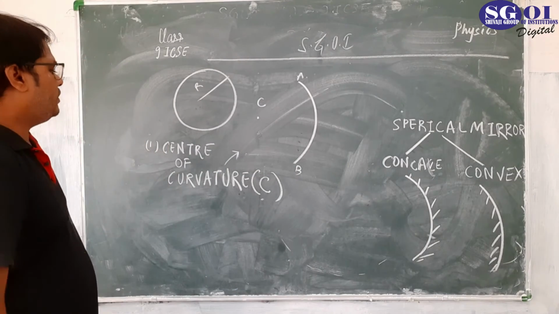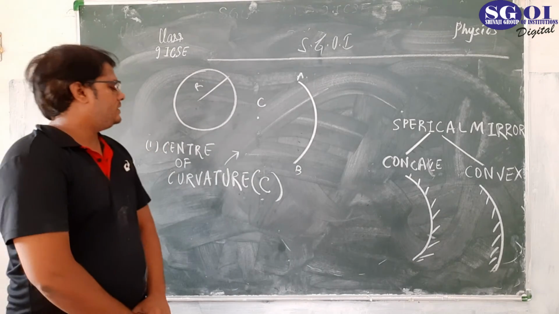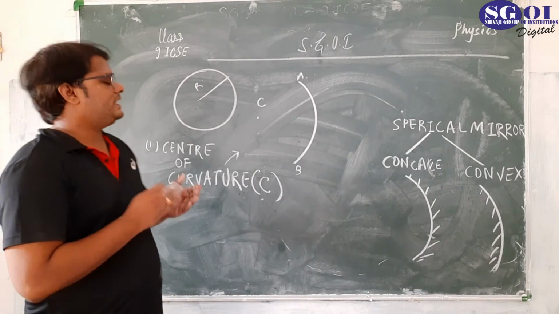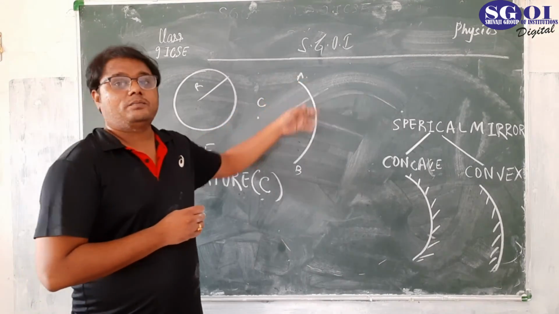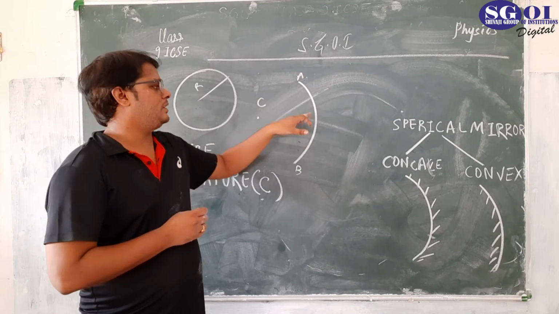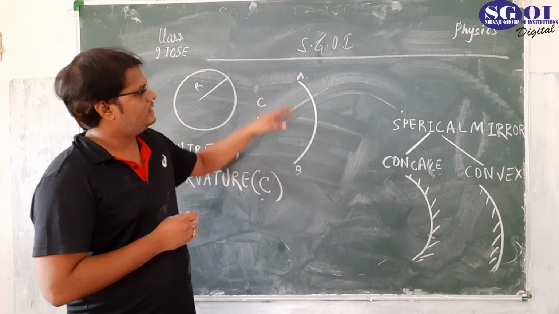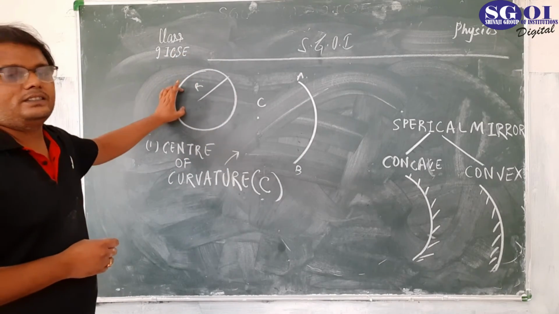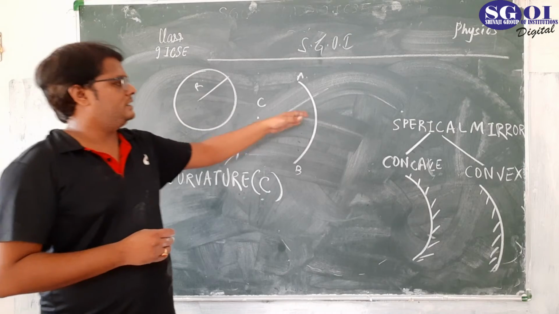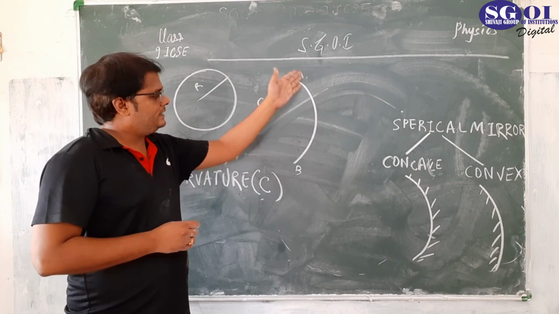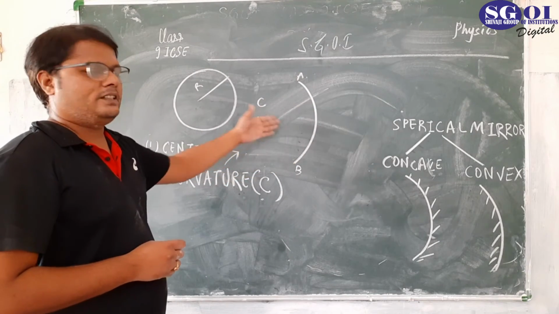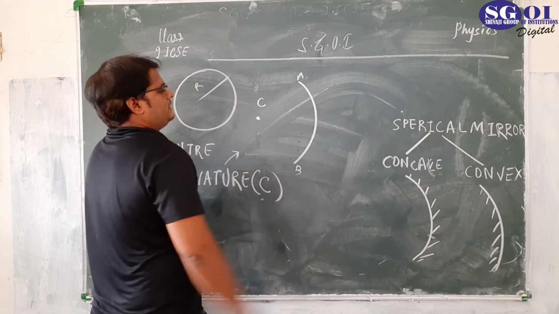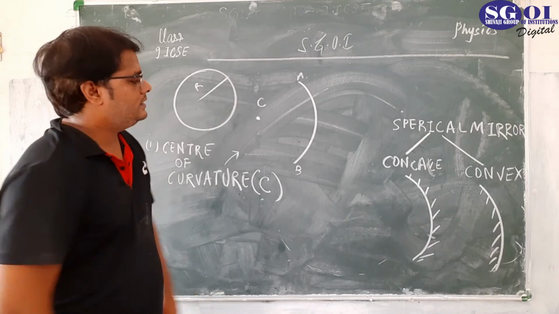Center of curvature is the center of that sphere from which our mirror was cut off. This spherical mirror AB was cut from this sphere, so its center would be its center of curvature, and it should lie somewhere to the left side of this surface. So this point C is called the center of curvature.